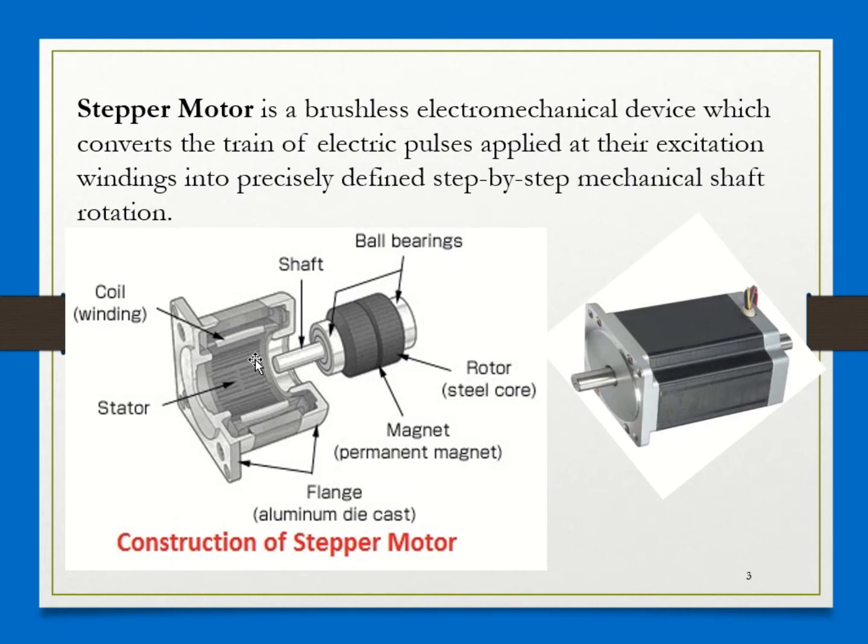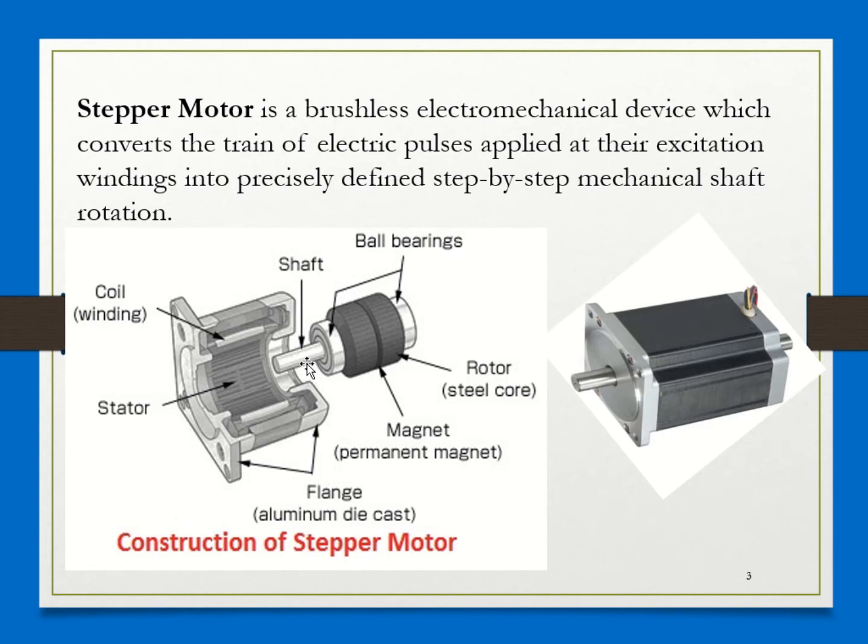So our rotor, which is a permanent magnet, and the windings, when they are energized, we know that there will be an electromagnetic field or force. So based on the field, the opposite poles will attract, or the poles with the same polarity repel.